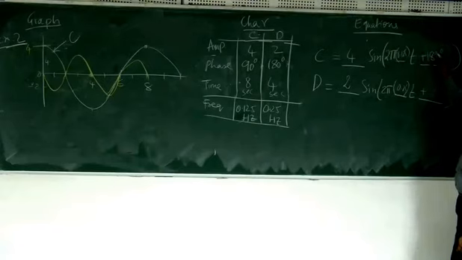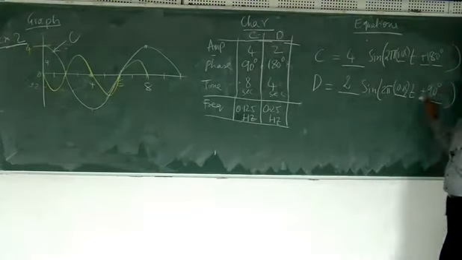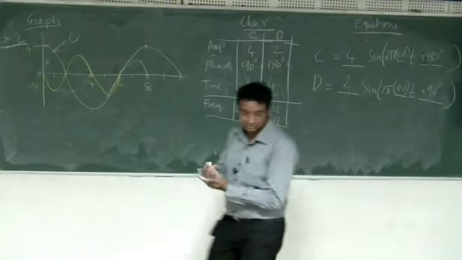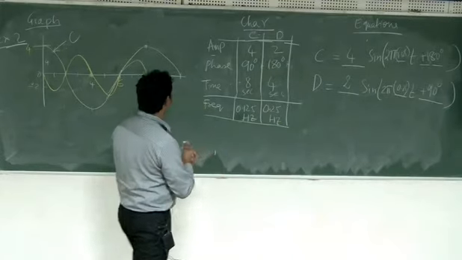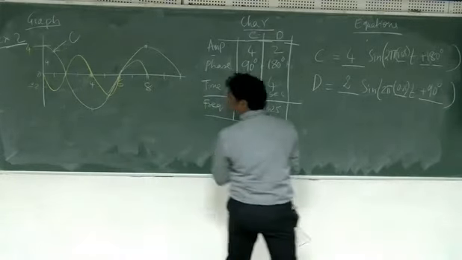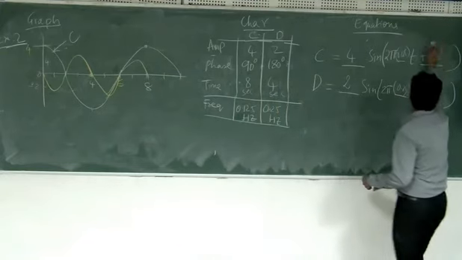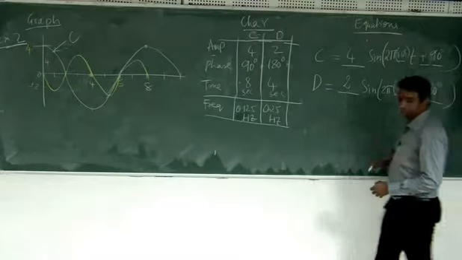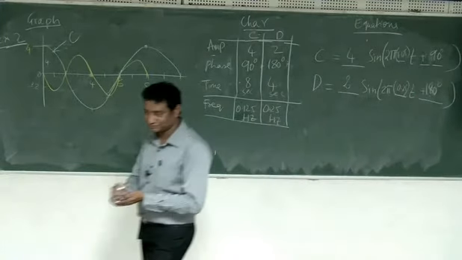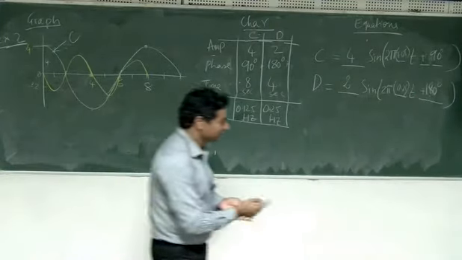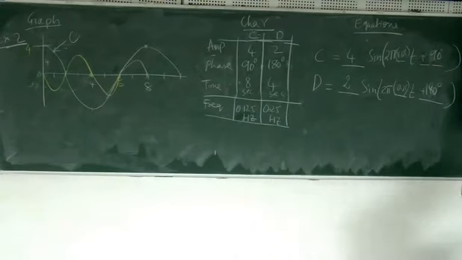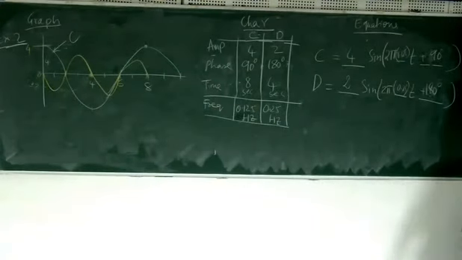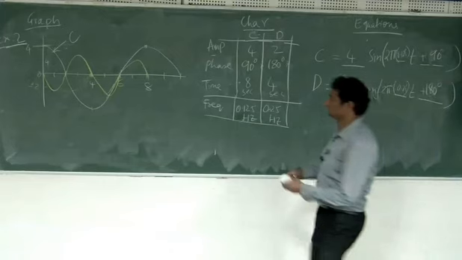Oh, this is plus 180, plus 90. Is that okay? C is plus 90 and D is plus 180. Oh, sorry, so this is plus 90, 180. I was just checking whether you will see or not. What next? So very quickly, without wasting more time, do the third one.